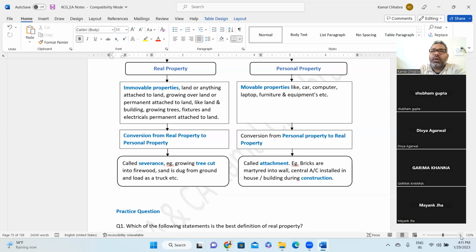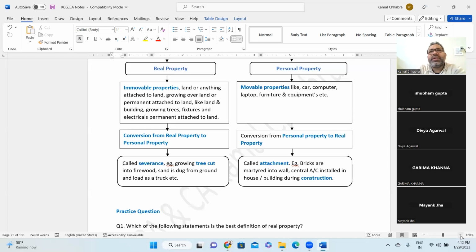But you can also convert personal property into real property. For example, with bricks you make a wall or a structure on the land from the brick, sand, and all the mixture required, like cement and everything, right? Then this personal property, which is brick, cement bags, sand, which you bring through trucks, is individually personal property, but when you construct a building, it becomes real property.